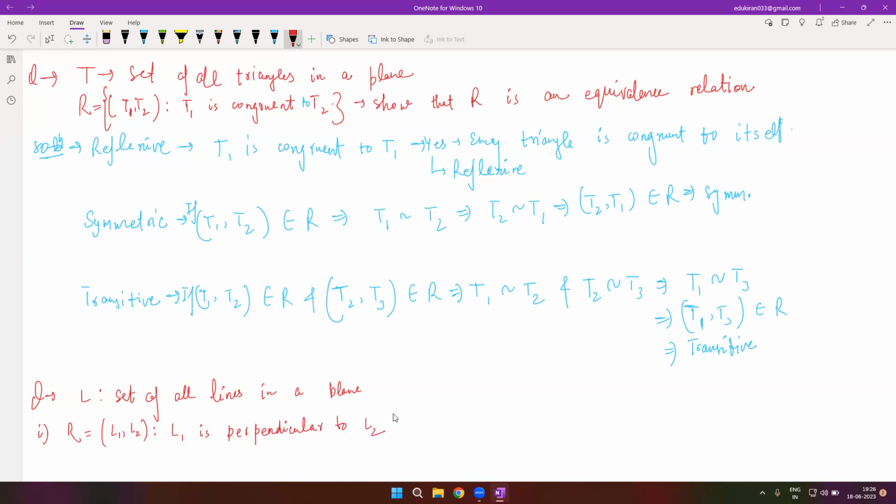So if two lines are perpendicular, they are a part of this given relation. Now you have to check whether the relation is symmetric, transitive, or reflexive or not. And then I'll give you another question. You have 2 minutes. Please try to solve the question.